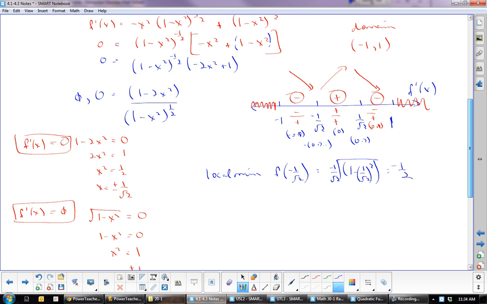So you've got a local min at -1 over root 2, -1/2. And you'd have a local max at f of 1 over root 2. If you put in 1 over root 2 times the square root of 1 minus 1 over root 2 squared, you get 1/2.